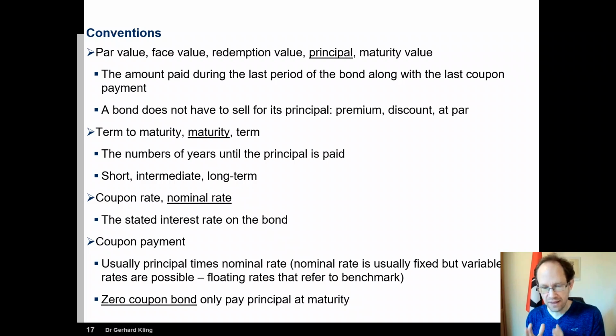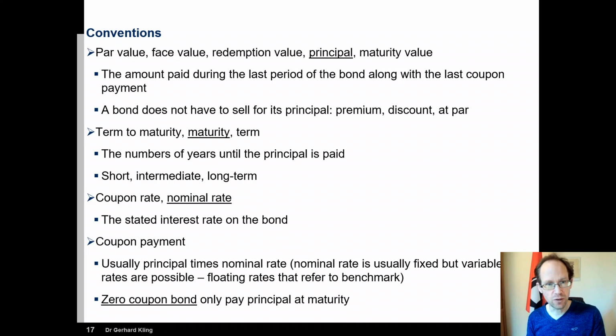Now, that's the amount you need to calculate coupon payments. Very often in our examples we either call this the principal or the par value. So I try to stick to these conventions, but you see in various textbooks different terms used.